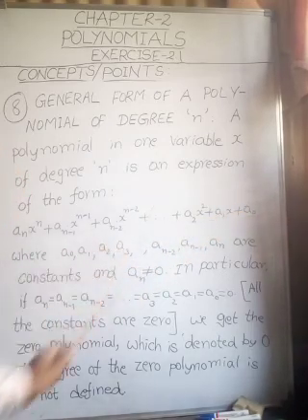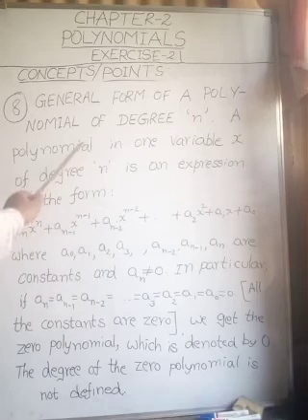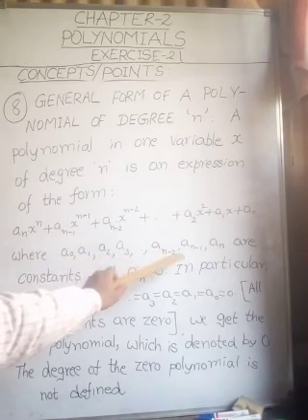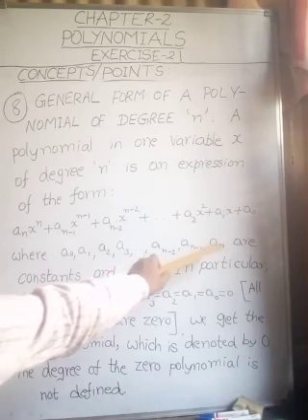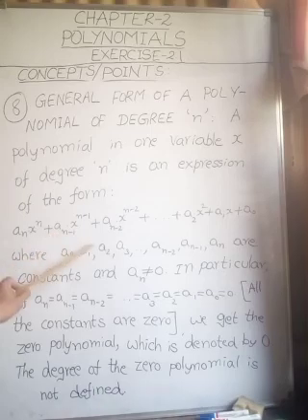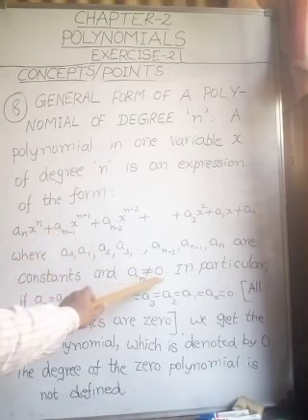This is the general form of a polynomial in one variable x of degree n, where a0, a1, a2, a3 and so on, an minus 2, an minus 1, an are constants. These are all constants, and an is not equal to 0.